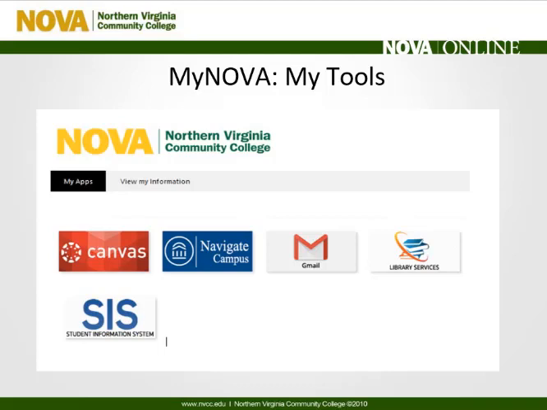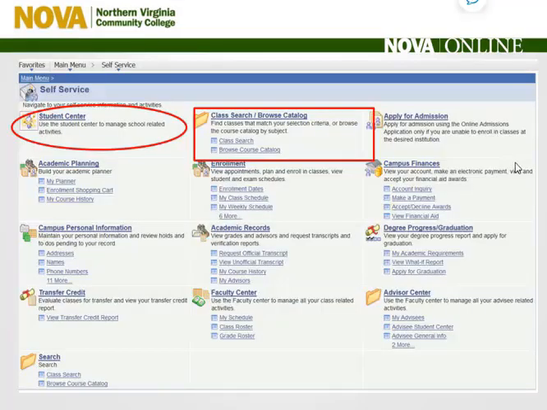Now we will go through the VCCS SIS Information Systems tab or button and take a look at it in more detail. The SIS, also known as the Student Information System, is where you will go to register, drop, add, swap classes.